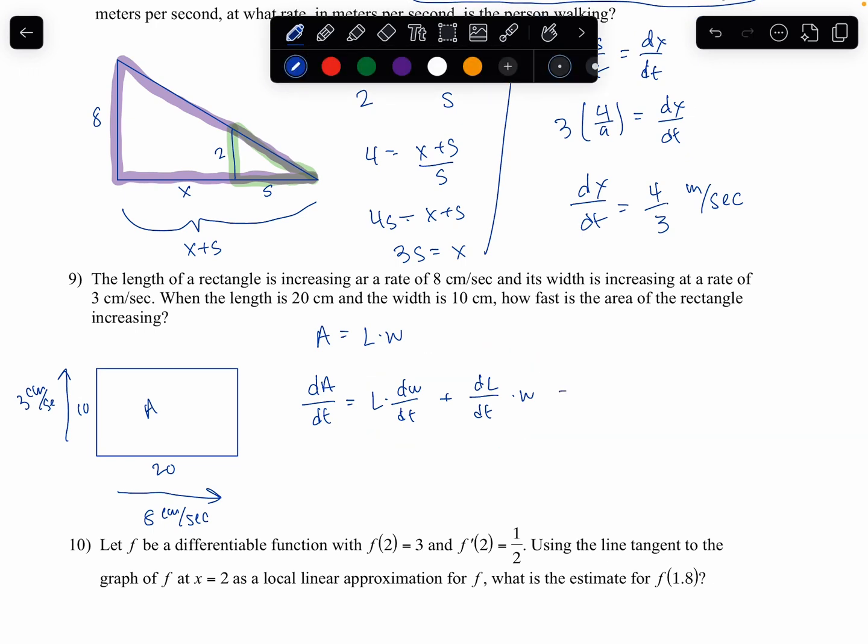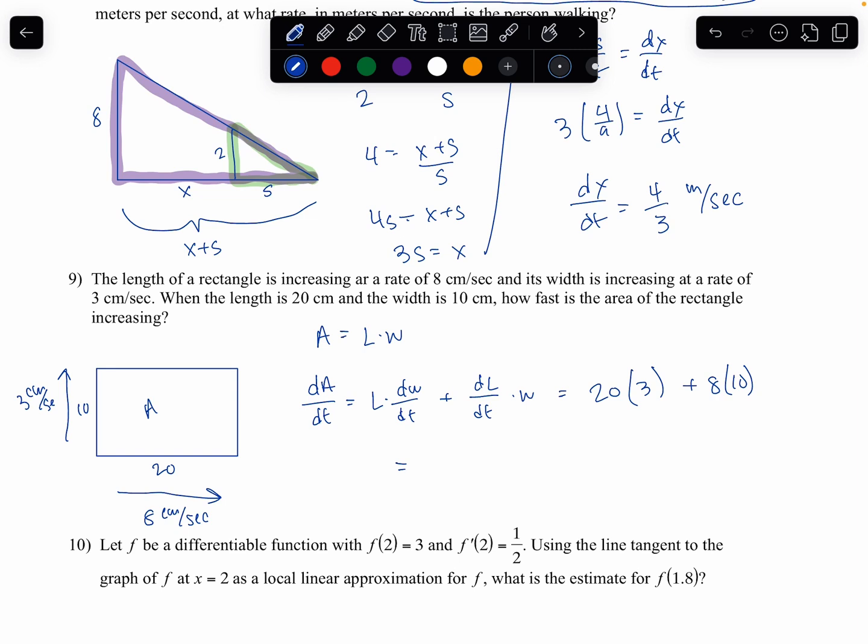So this is going to be equal to the length of the rectangle, 20, times the rate of change of the width, which is 3, and then plus the rate of change of the length, which is 8, times the width, which is 10.